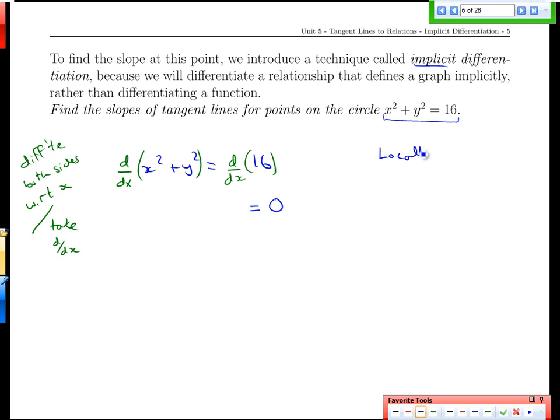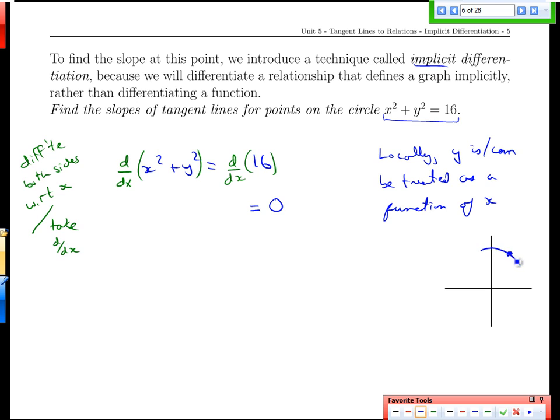What we're imagining is that locally, y can be thought of or can be treated as a function of x. And again, we think of our circle. If I look in some region around a point, this range here, we can define a single function.